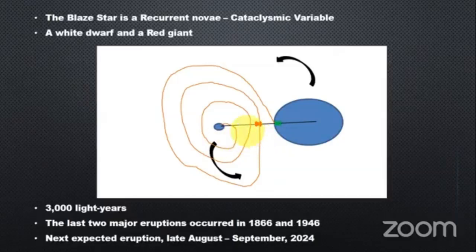So now you have a white dwarf and you have a red giant star. They are close to each other. If you draw a line, there will be a point along that line where the gravity of one cancels the other. That is called the inner Lagrangian point. If you're at that point, you will never feel any force.